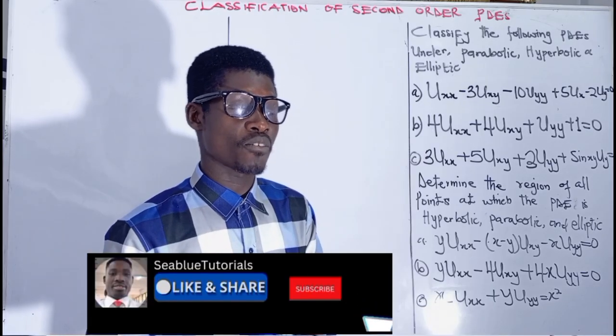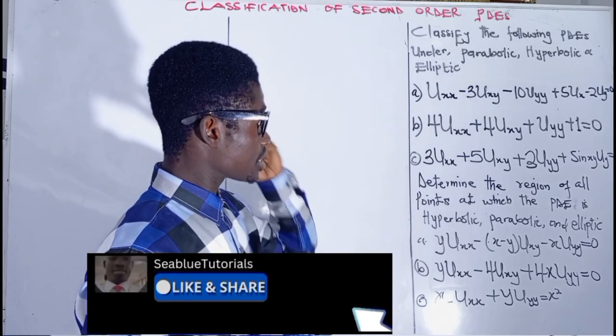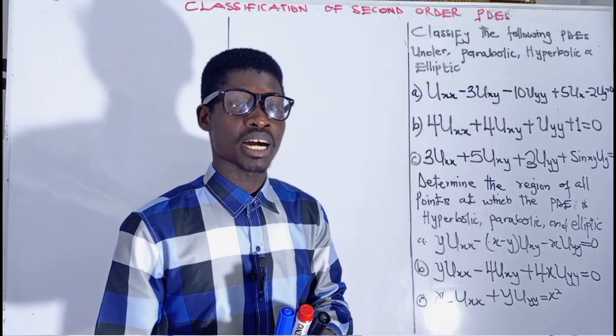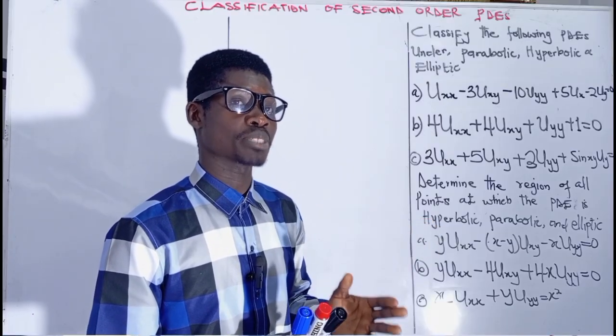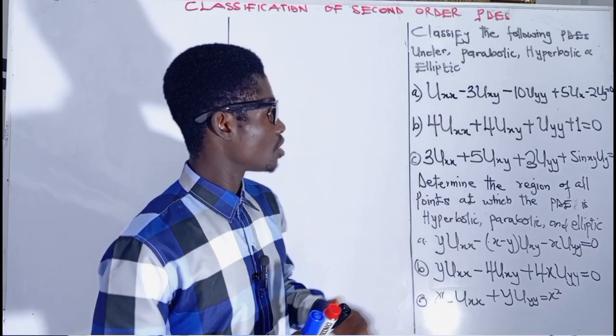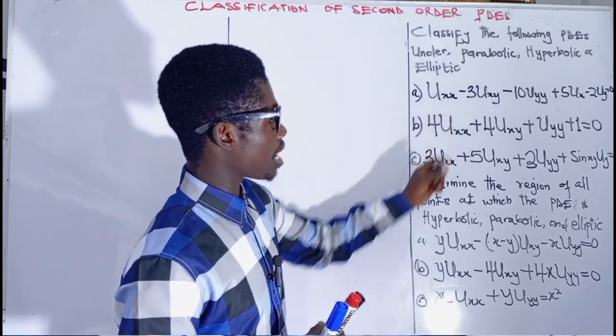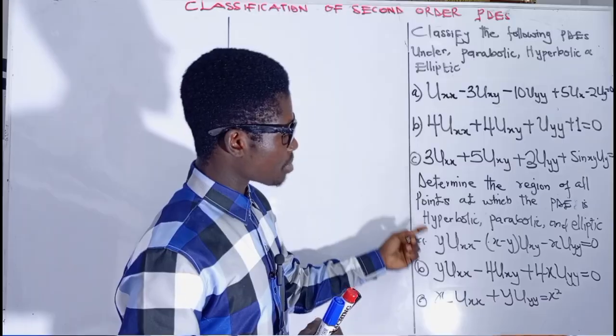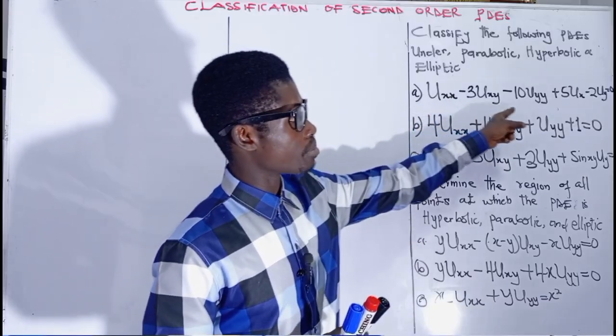Second order PDEs are PDEs in which the highest partial derivative present in that equation is of order 2. So all these examples are second order PDEs. This is a second order PDE.